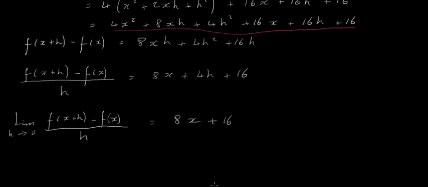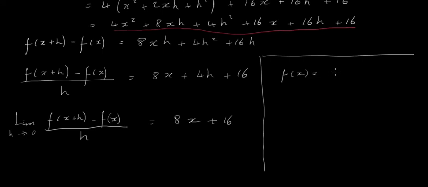And you can double check that by doing, we started with f of x equal to 2x plus 4 all squared. So differentiating that using the chain rule will give me 2 times 2x plus 4 times, differentiate what's inside the bracket, we'll get 2.